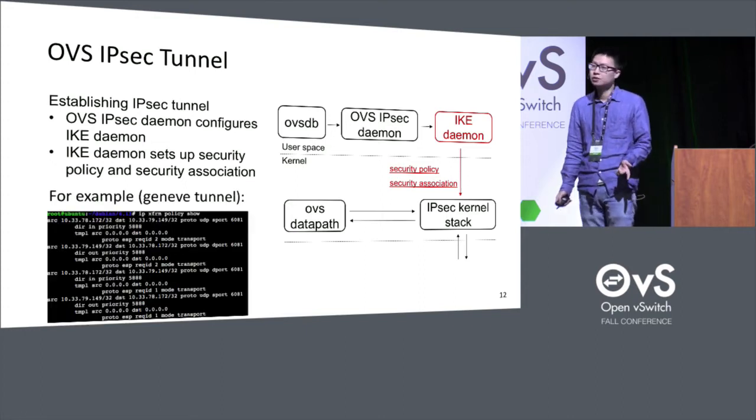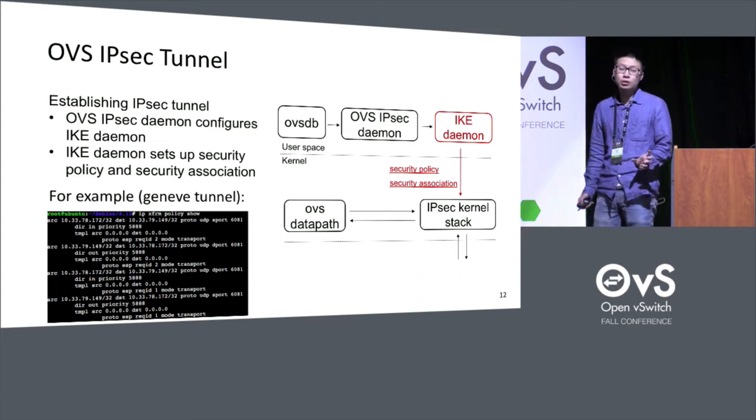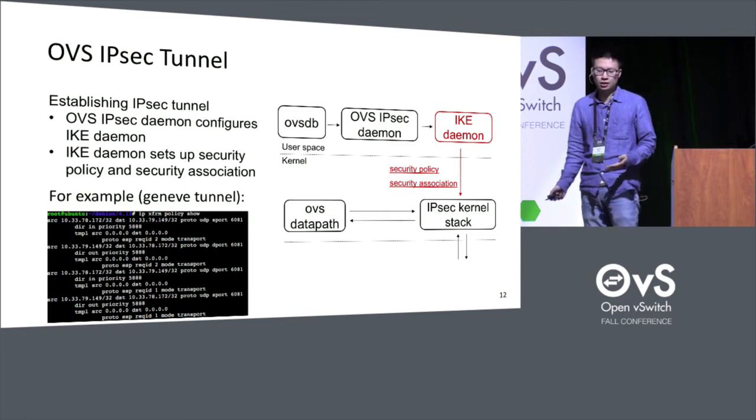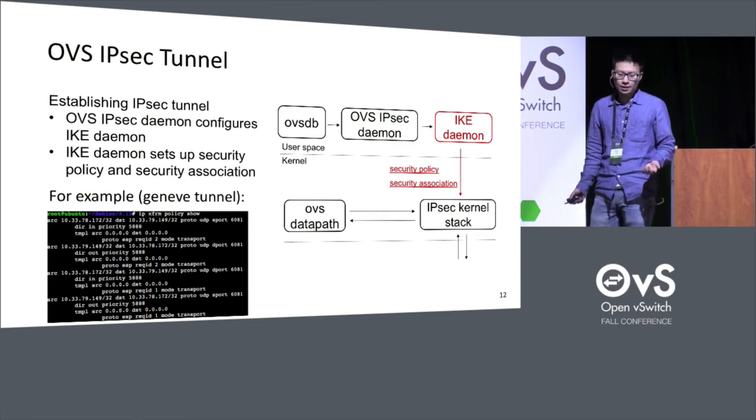So here is an example. Suppose the user wants to use IPSEC to encrypt the GENEVE tunnel, and chooses the authentication method he wants, and the policies.